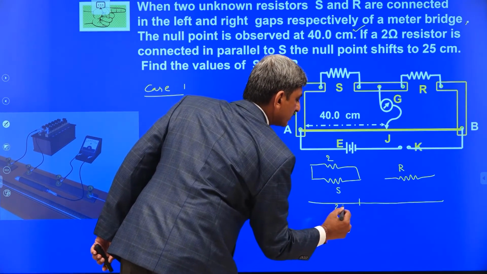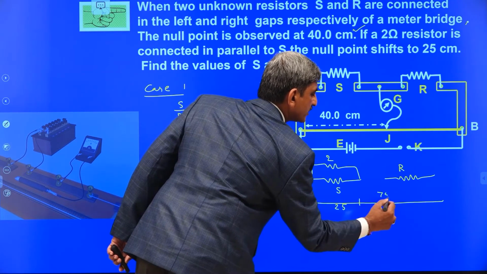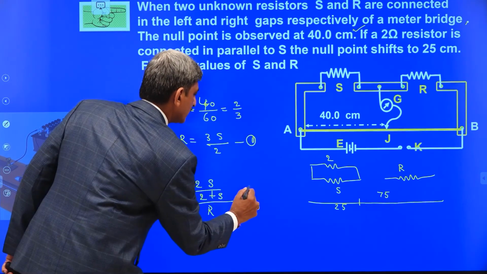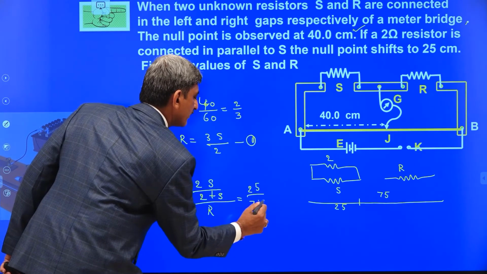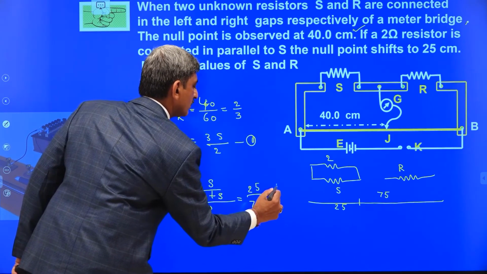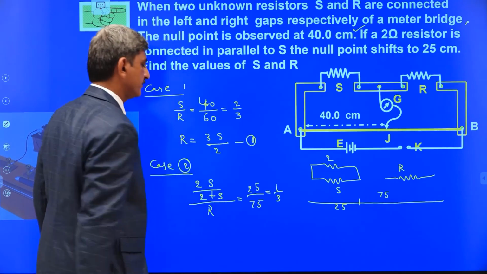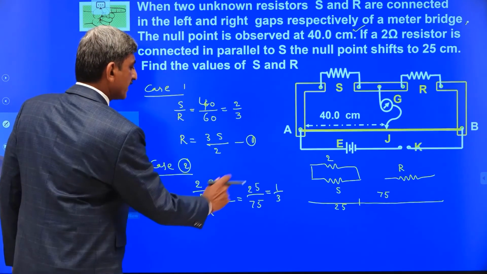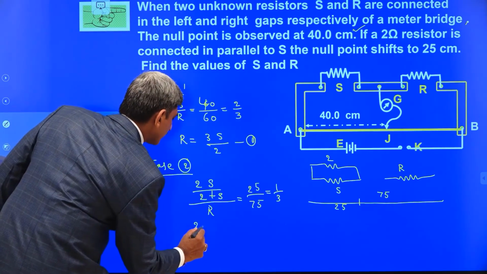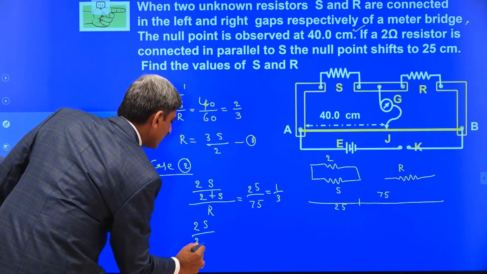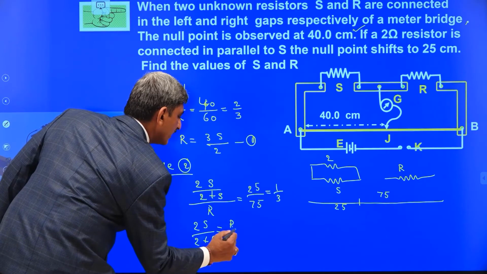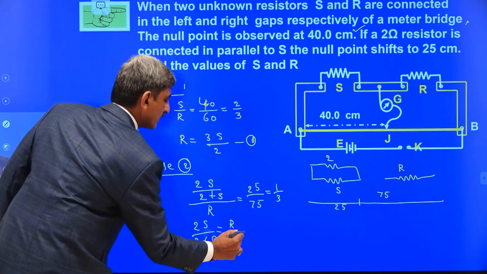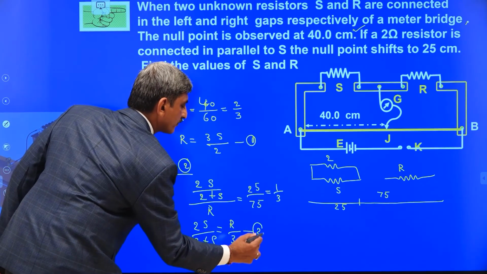Here it is given 25, so the remaining is equal to 75. This is equal to 25 by 75, which is equal to 1 by 3. Take this R to the side, it gives 2S by 2 plus S is equal to R by 3. This is equation number 2.